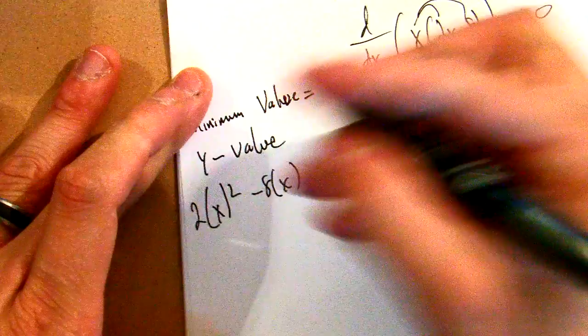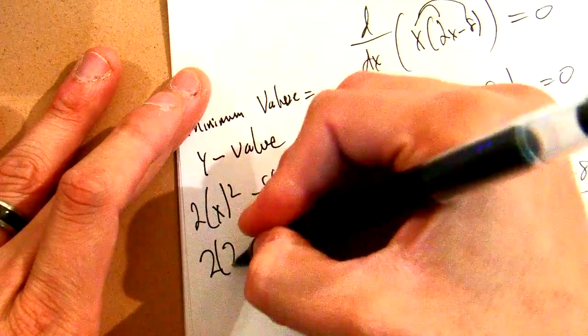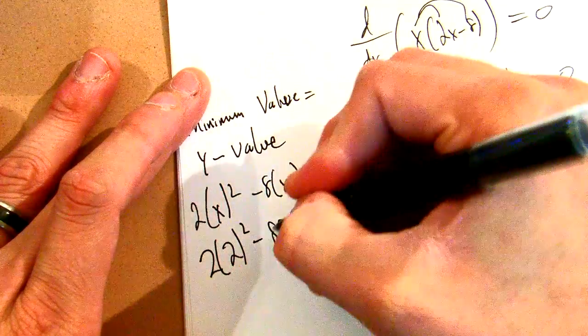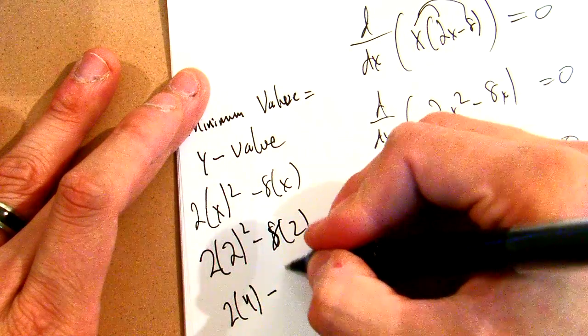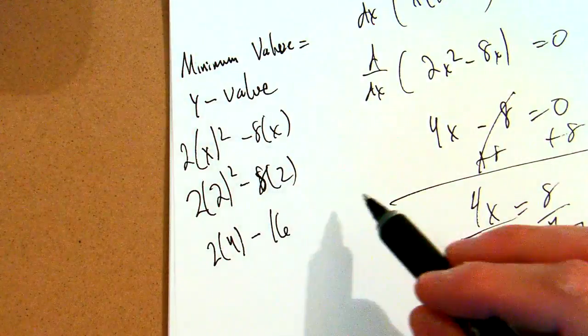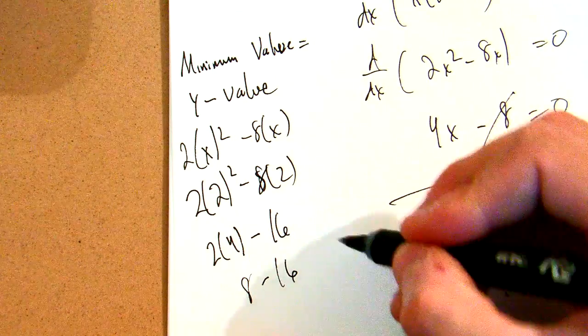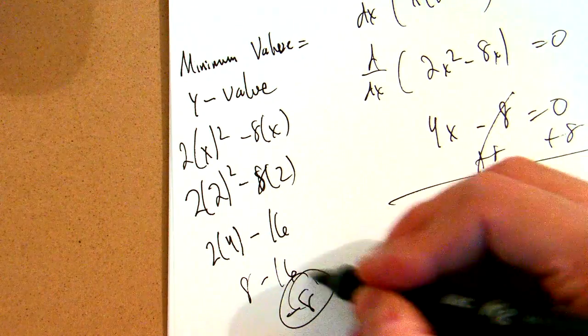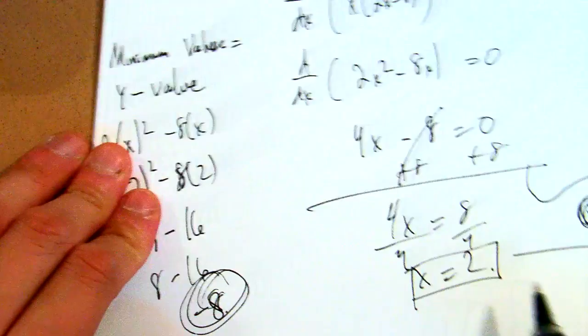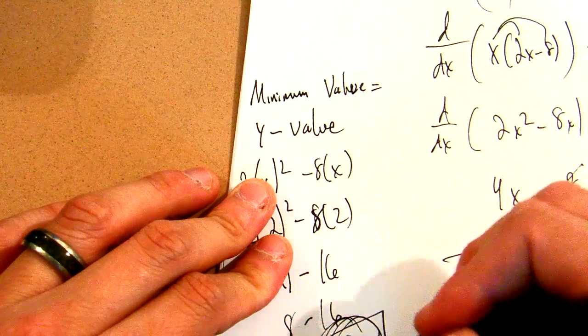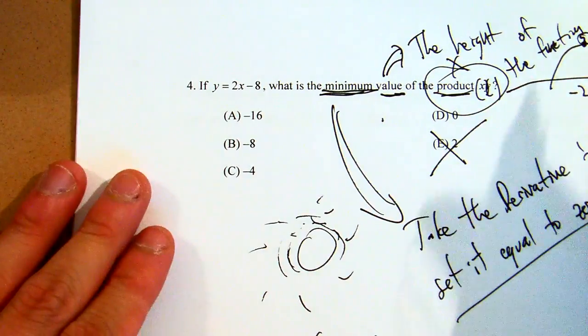This is going to be 2 times 2 squared minus 8 times 2. That's 2 times 4 minus 16, right? 8 times 2 is 16. Then 8 minus 16 is -8. So this here is the y value, and that is the minimum value when x is 2 here. So this actually is the correct answer here, and that answer is B.